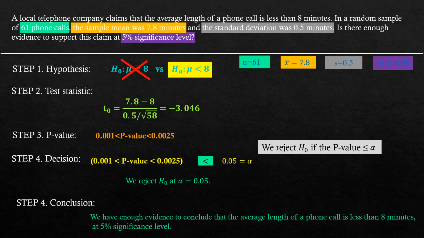We have enough evidence to conclude that the average length of a phone call is less than 8 minutes at 5% significance level. Yes, again, we reject H naught. Therefore, we have to go with HA. HA is what? Mu less than 8. So, we agree with HA. That means the average length of a phone call is less than 8 minutes.